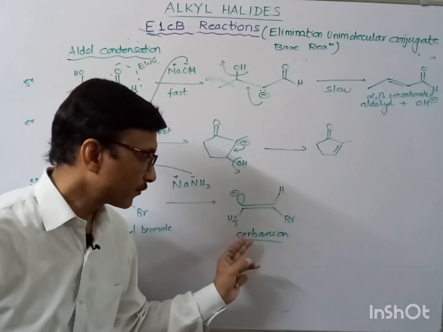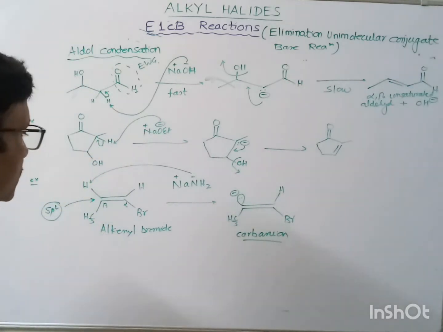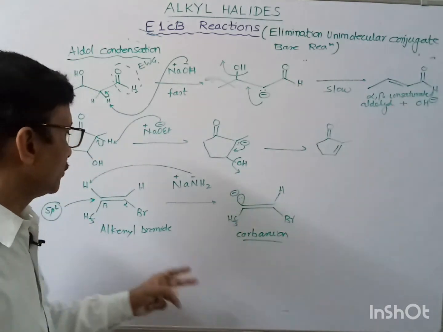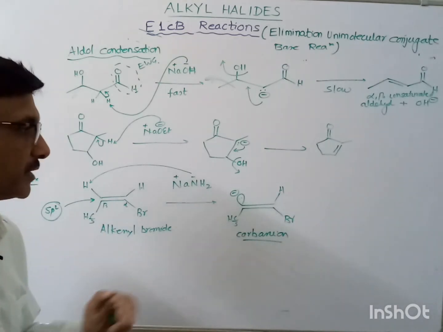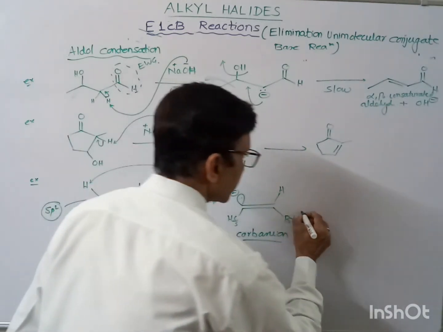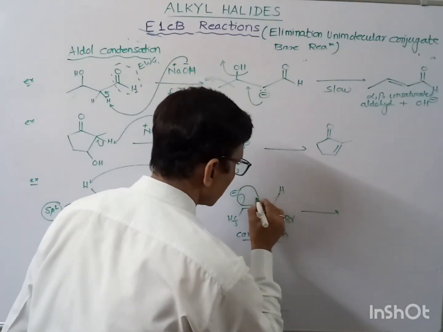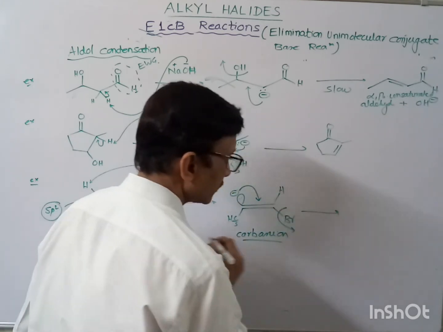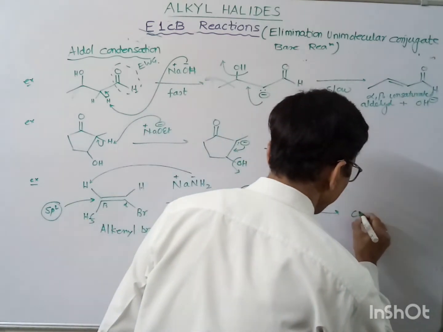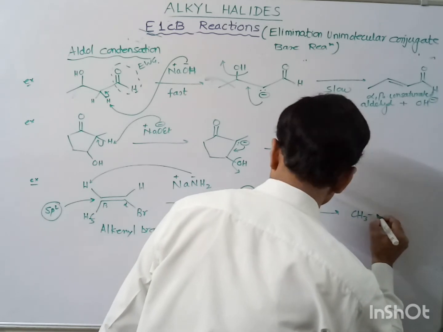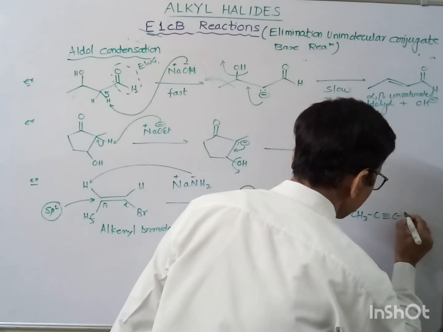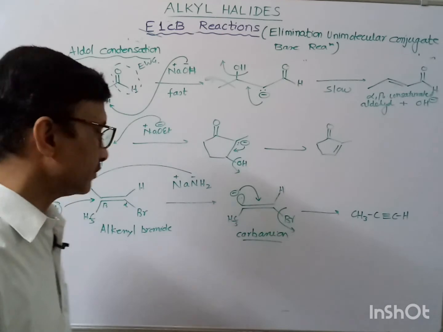So the formation of this carbanion is favored due to the presence of this sp2 hybridized carbon, and in the next step the bromine will leave out and we will have this alkyne formed. So this is another example of this E1cB reaction.